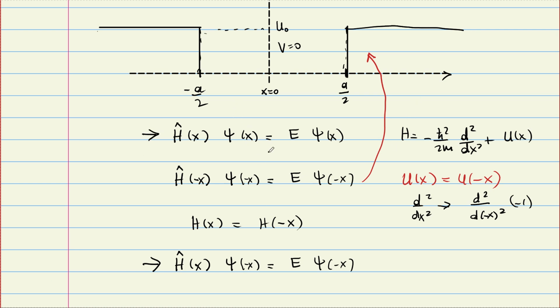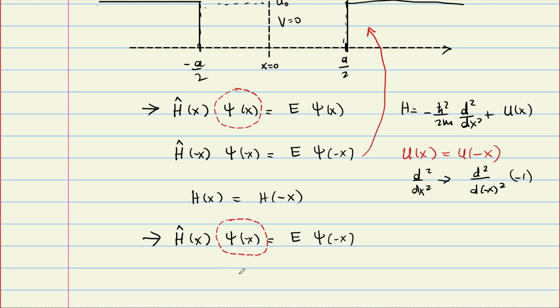So this shows that this psi here and this psi are indistinguishable. If your friend solved this for this psi and you bring it to this psi, nobody would notice it, right? This is exactly the same problem.